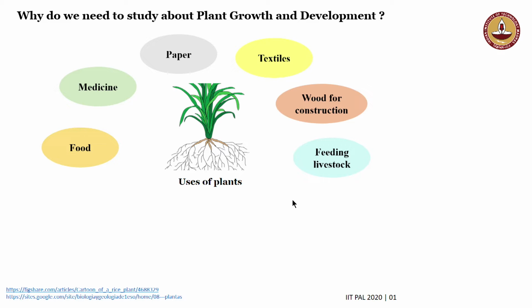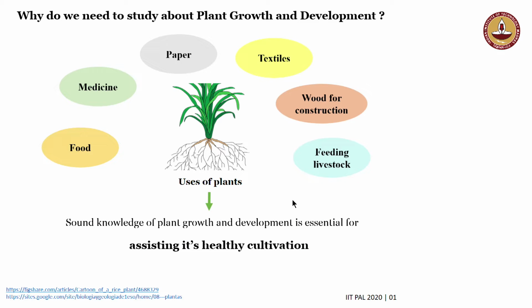We use plants for wood, used in constructions, and we use it for feeding livestock. Now, in order to accomplish all these applications, a sound knowledge of plant growth and development is essential for assisting its healthy cultivation. That is the reason why we must know about plant growth and development.